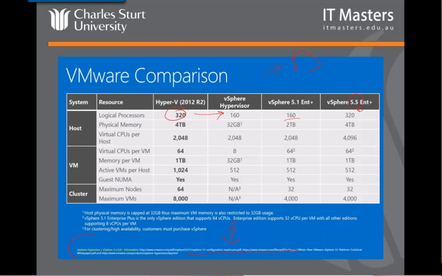The physical memory, Microsoft has up to 32 gigabytes, up to 4 terabytes, where VMware caught up later. So I'm not going to go through all these figures one by one, because I'm not going to ask you in the exam. And to be honest, I really don't care.